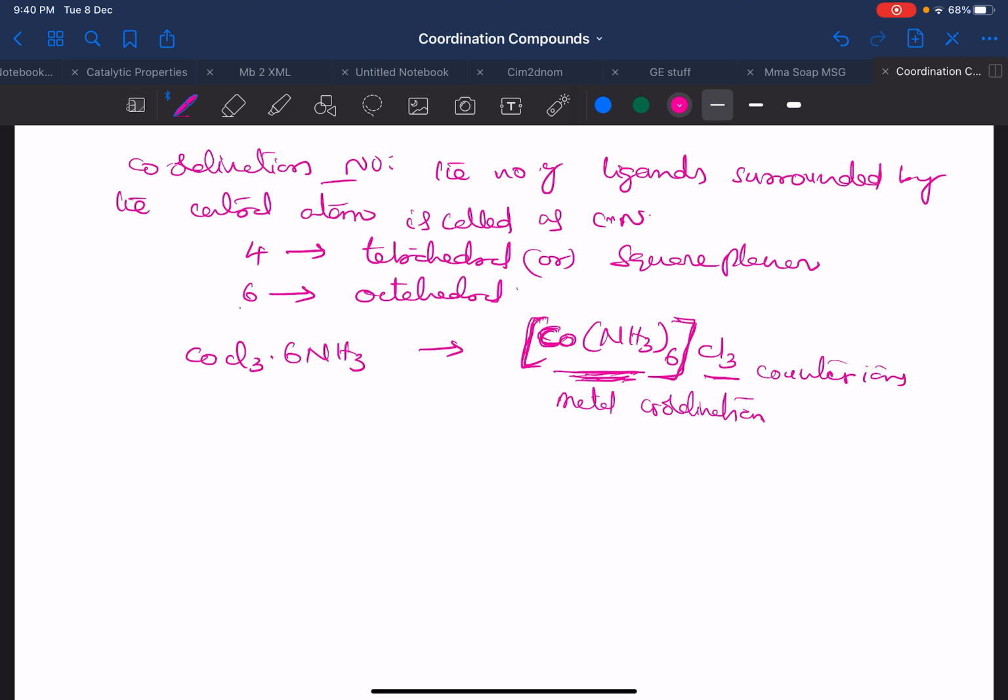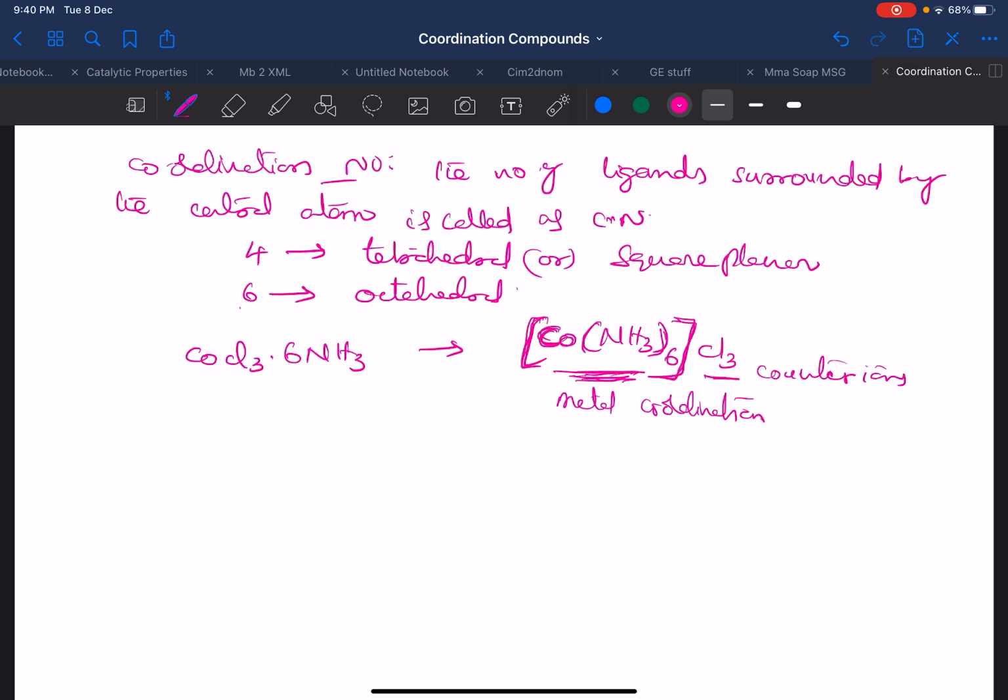In a coordination complex, the molecules which are present inside the brackets are involved in coordinate bonds.